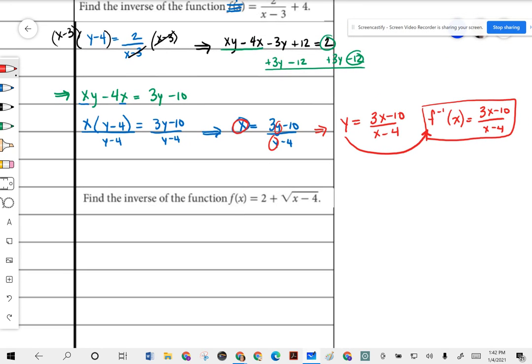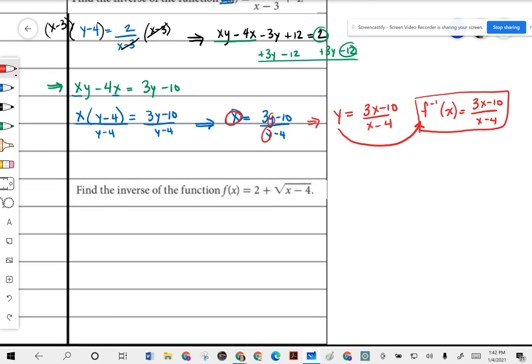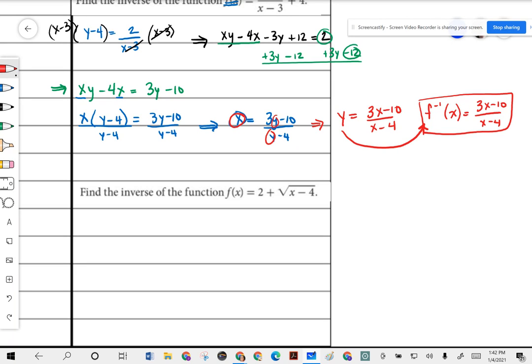On this one, I'm going to use the other technique, which says to switch x and y at the very beginning. So I'm going to switch them, and now I get to solve for y. The first thing algebraically is I'm going to subtract 2.